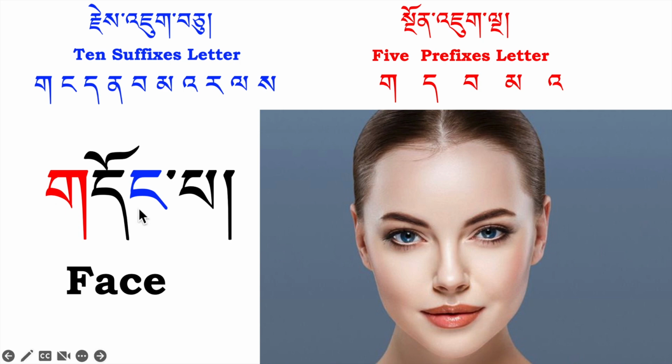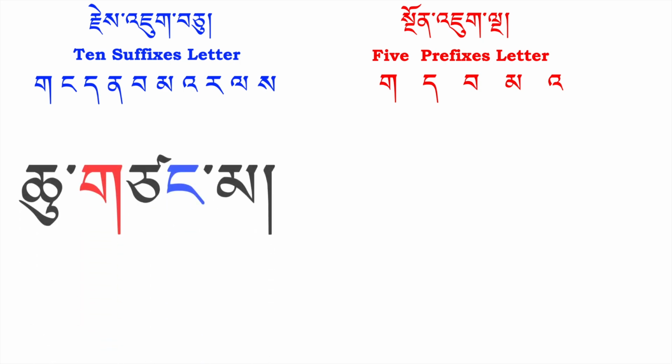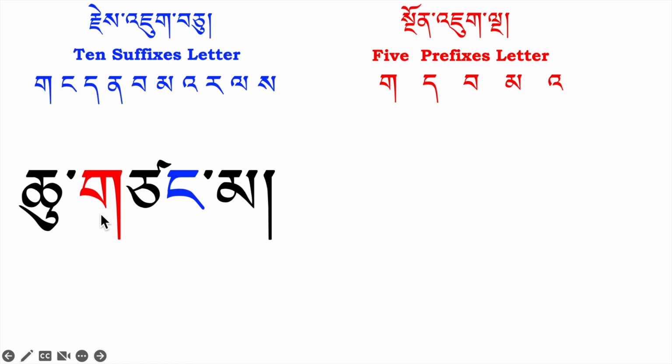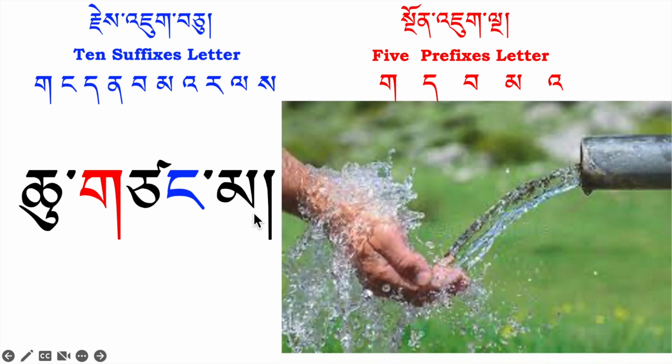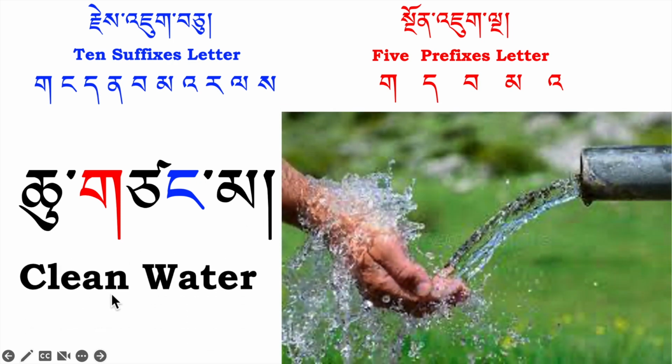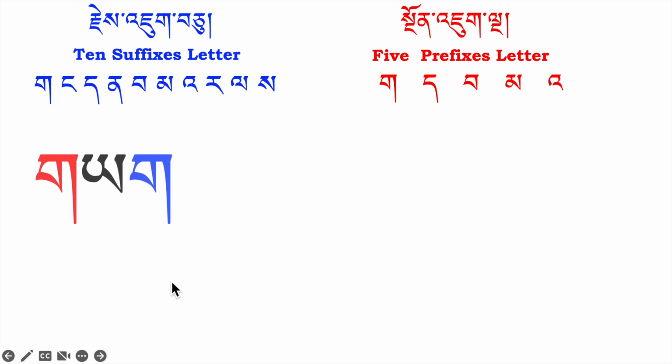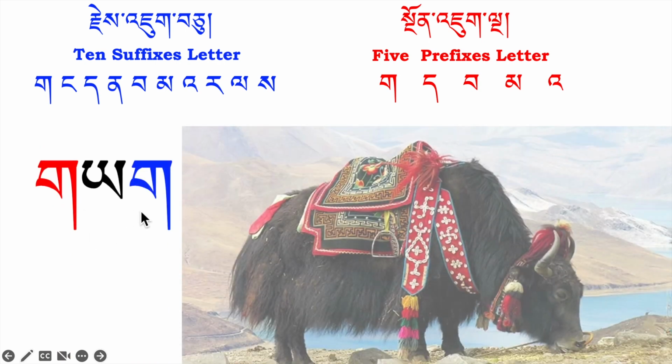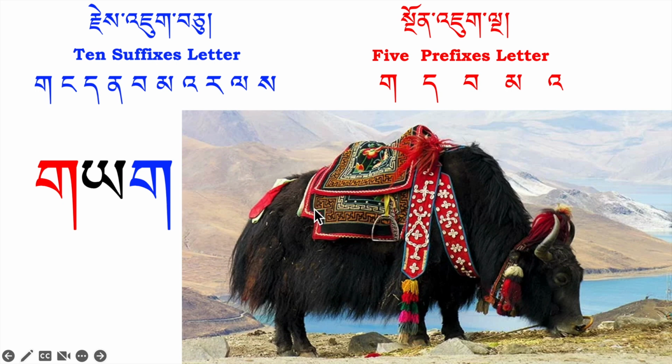Next one. Cha shabju chu, gao za nga zang, ma, chu zang ma. Chu zang ma means clean water. Clean is zang ma. Chu is water. We learned previously chu, water. Clean water, chu zang ma. Next one. Gao ya ka yak. Yak is a very unique animal.